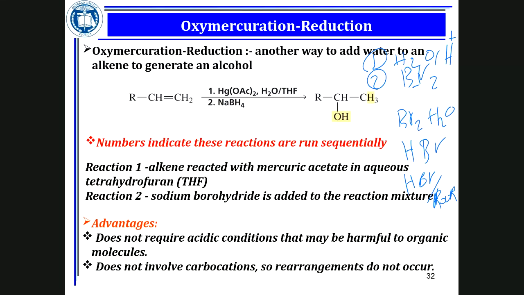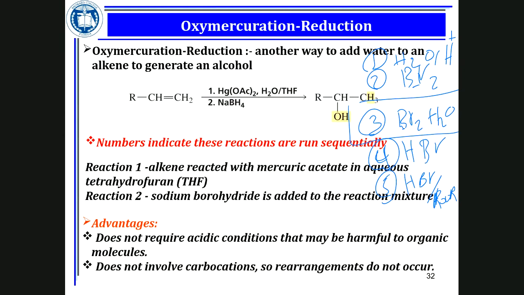So hydration, halogenation, halohydration, addition of HBr directly, and addition of HBr with peroxide. For halohydration, the halogen is going to add to the least substituted carbon, and OH will add to the most substituted.